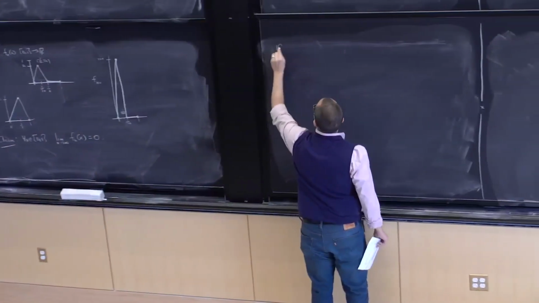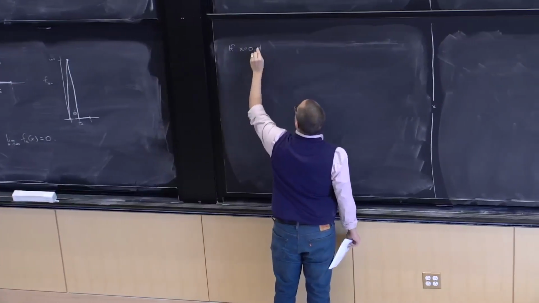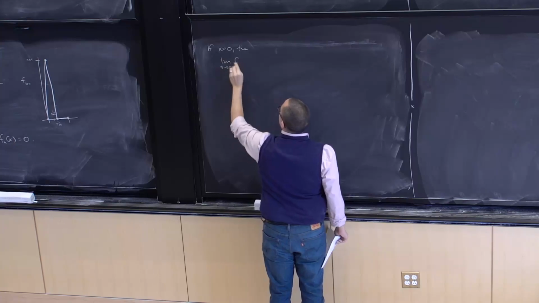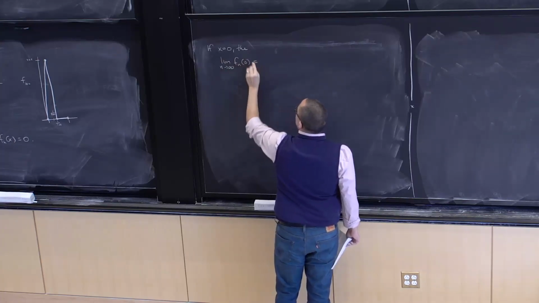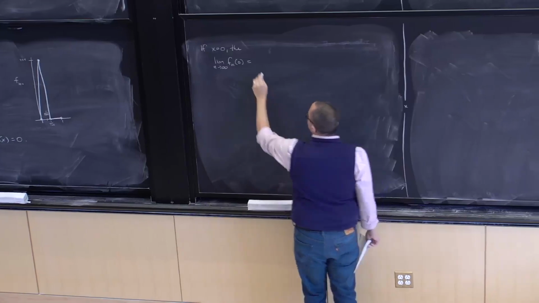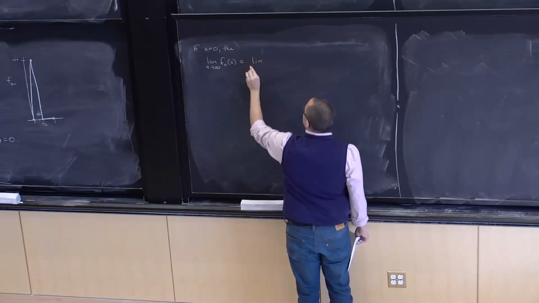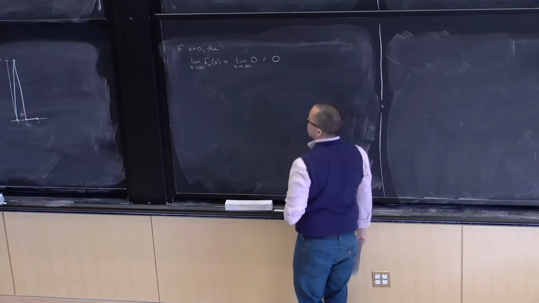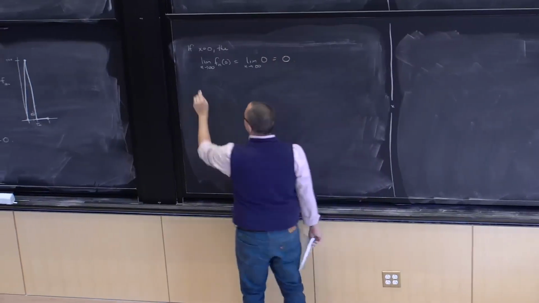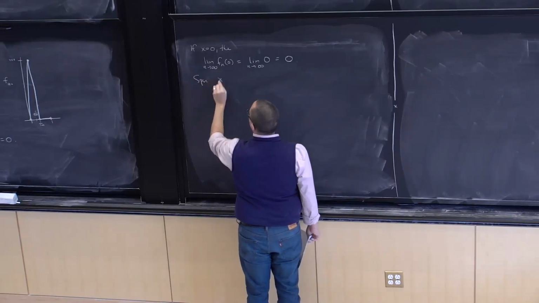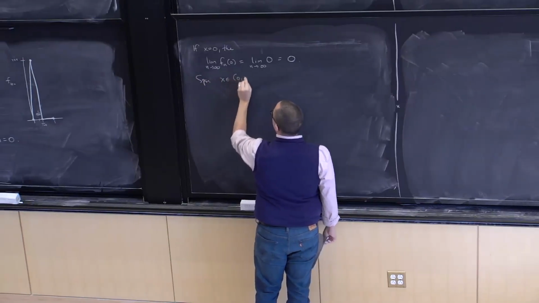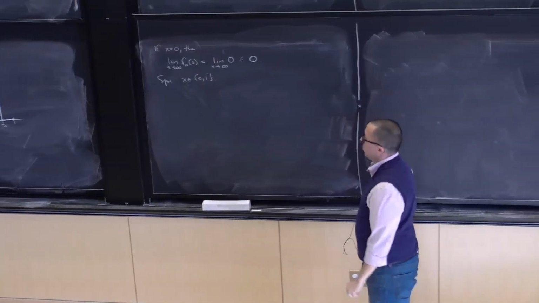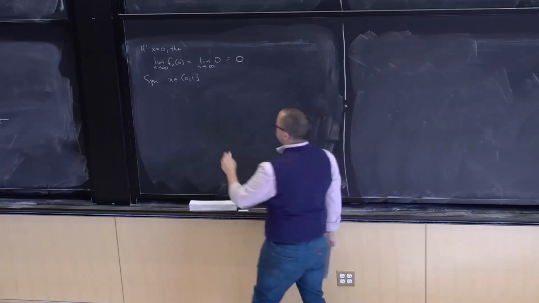So first off, if x equals 0, then all these functions are 0 at the origin. So they equal 0, so that's fine. So now suppose x is in (0, 1]. Okay. And so what do we want to show?